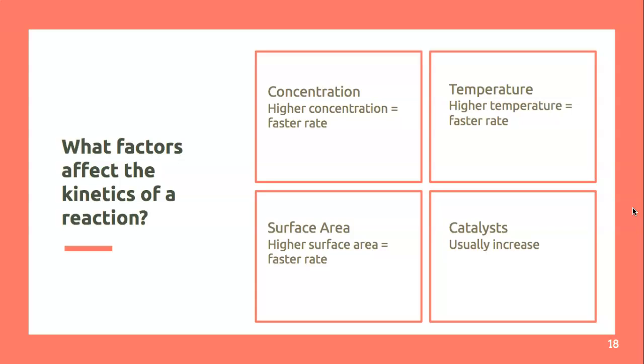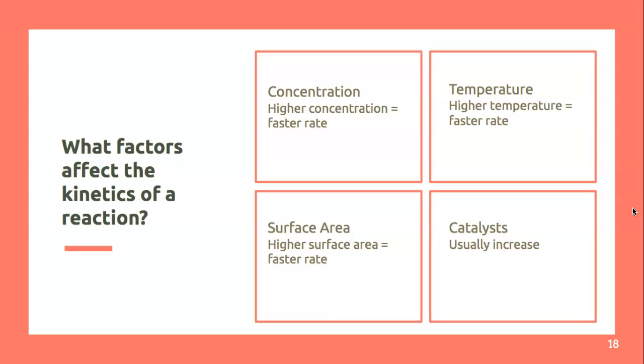Some other things that may influence kinetics of a reaction could be external environmental pressures. If you're running a reaction in a solution, that often has to do with concentration or temperature.